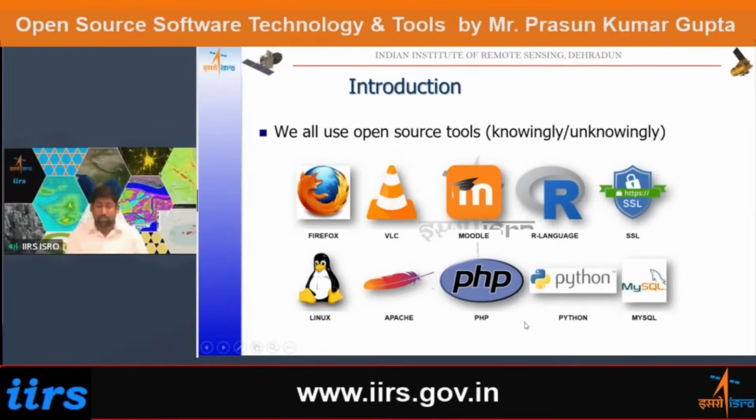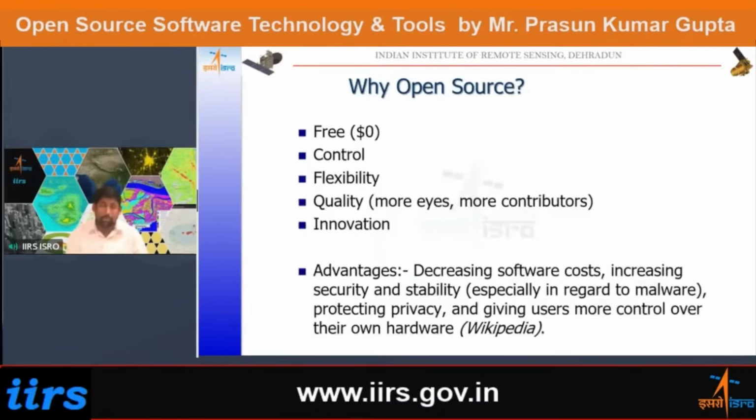All the good known programming languages like PHP, Python, MySQL, these are also open source languages. So we are all using open source tools and softwares in our day-to-day lives. Sometimes we just don't know we are using open source.